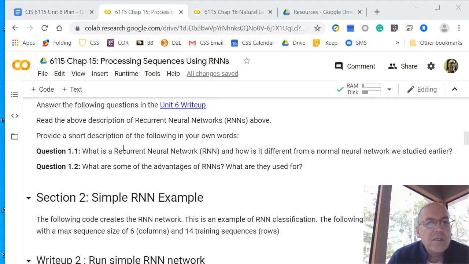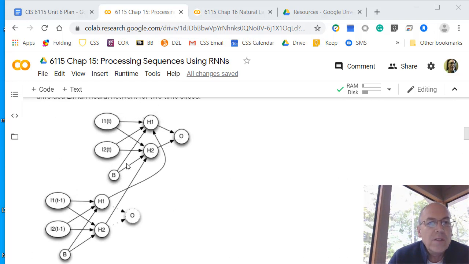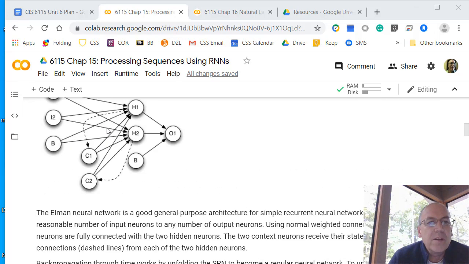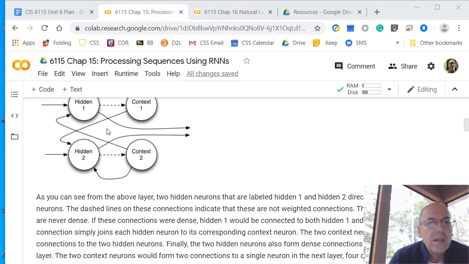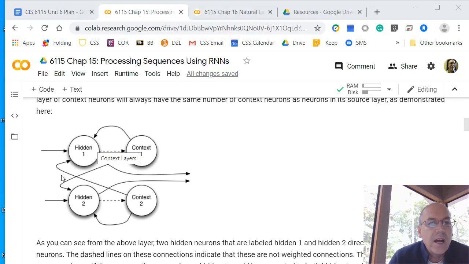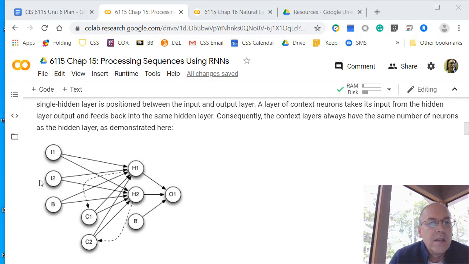I want you to read through this and see if you can answer these questions about recurrent neural networks. We can feed sequences into these networks. When we do an image, we provide the image all at once.